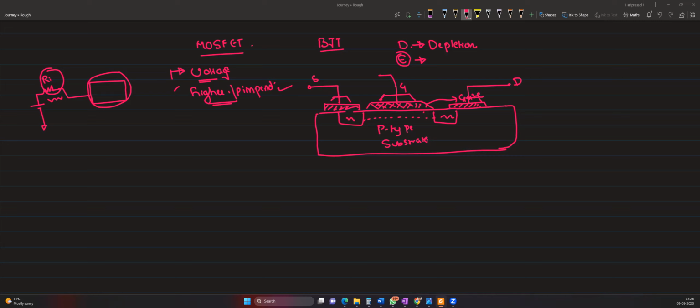When the gate to source voltage VGS is 0, the channel is absent. When VGS is greater than 0, some channel is going to form. As VGS keeps increasing, the concentration near the SiO2 layer, the gate layer, keeps increasing, so the flow also increases.